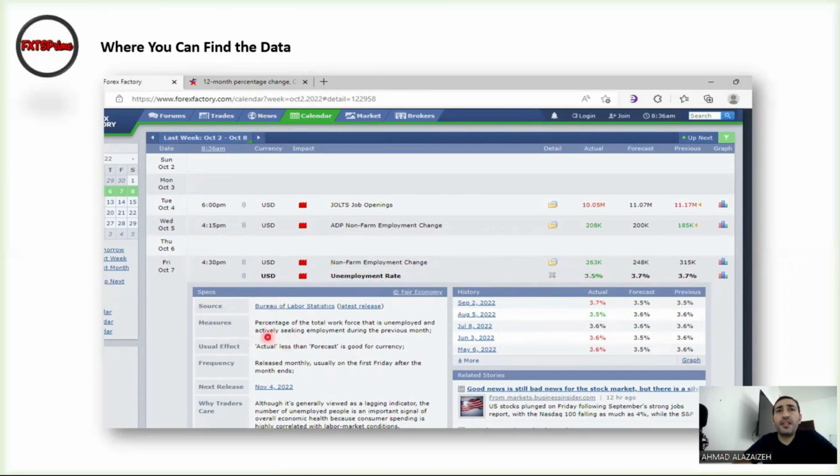You can see here the percentage of the total workforce that is unemployed and actively seeking employment during the previous month. Those data are very important for the central bank. However, you need to understand that the unemployment rate is a lagging indicator, and you need to anticipate what the central bank is going to do based on this data.